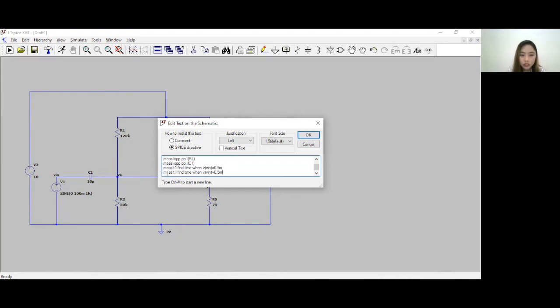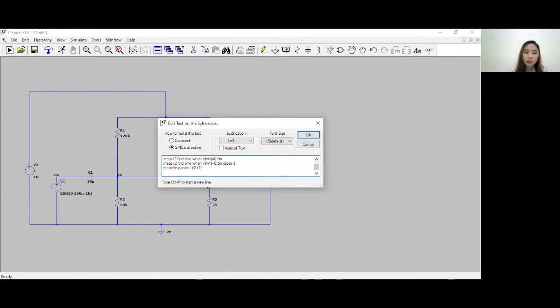Control C and then Control V and just change it to 2 and add cross 3. These are going to be used for the bandwidth, and furthermore we are going to add .meas, since we're going for the input, and then .param, then we will add T1, T2 minus T1.